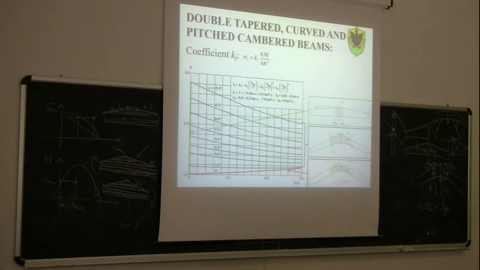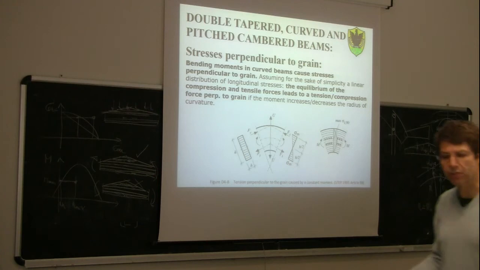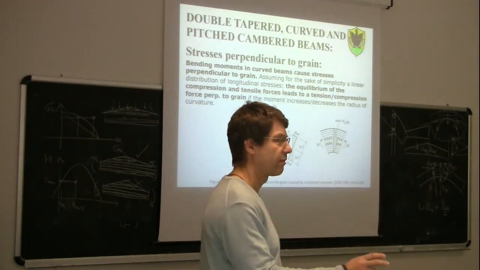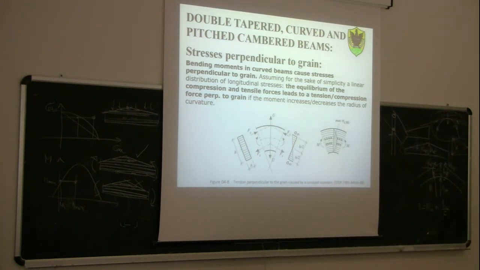And so, as the cutting angle of the taper increases, this coefficient moves from 1 up to almost 2.8. So definitely not negligible. So again, when we have to deal with this kind of beams, we can use the Navier equation, but then we need to multiply the stress we obtain by this KL coefficient that we find using this equation.